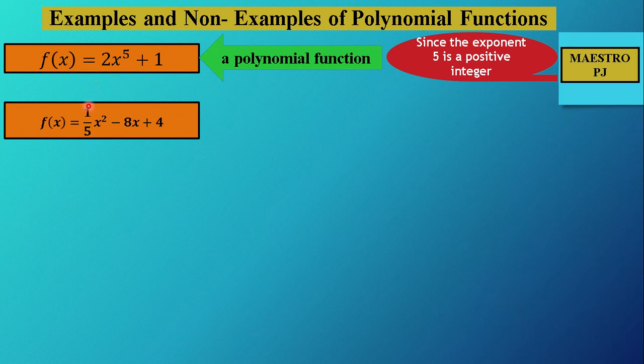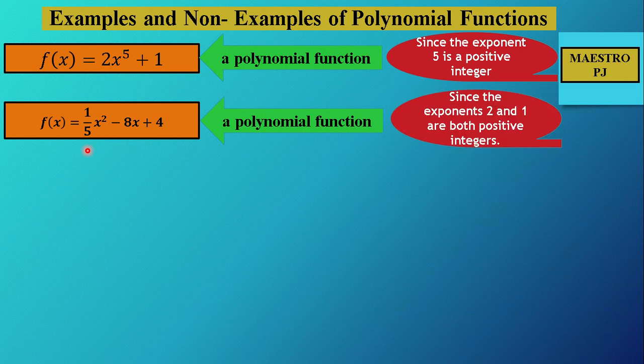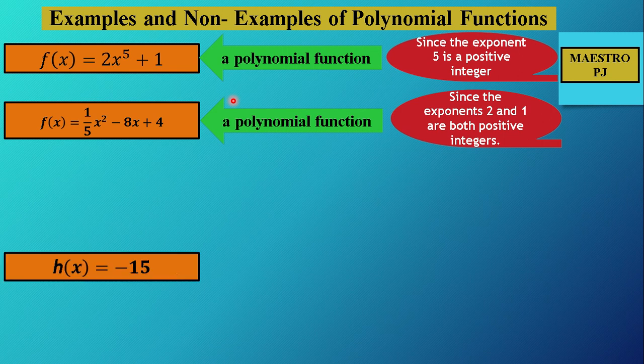Dito sa example natin, meron ba tayong exponent na negative? Wala. May exponent ba tayo na fraction? Wala din. So therefore, it's a polynomial function since the exponents are 2 and 1. Ito, ang exponent ng x ay 1. So the exponents 2 and 1 are both positive integers.